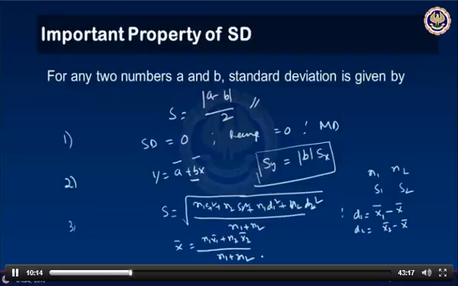This is the very important formula used for the combined standard deviation when the two groups n1 and n2 have respective standard deviations s1 and s2: the square root of (n1 s1 square plus n2 s2 square plus n1 d1 square plus n2 d2 square) by (n1 plus n2), where d1 equal to x1 bar minus x bar, d2 equal to x2 bar minus x bar, where x bar is (n1 x1 bar plus n2 x2 bar) by (n1 plus n2), which is the combined AM.